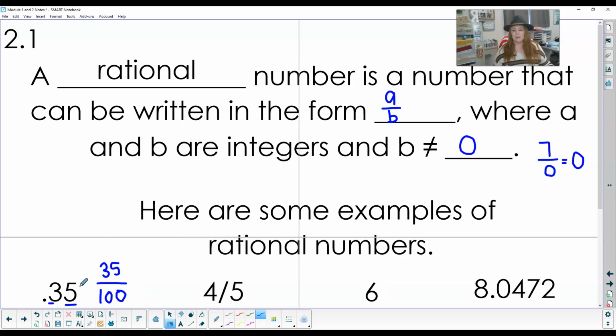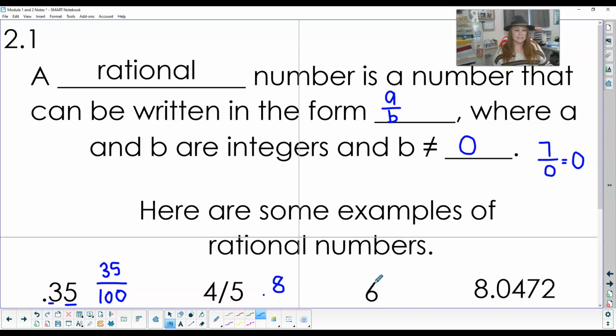B is not 0. 35 hundredths, that is a rational number. So decimals are rational numbers. Another example, 4 out of 5, 4/5. Whole number, integer, integer. So 4 over 5, or I could call that 0.8, is a rational number.